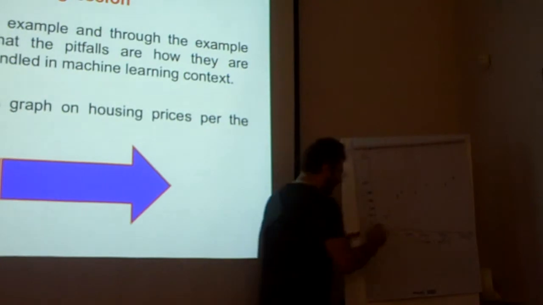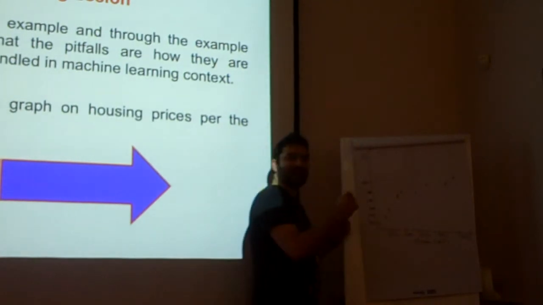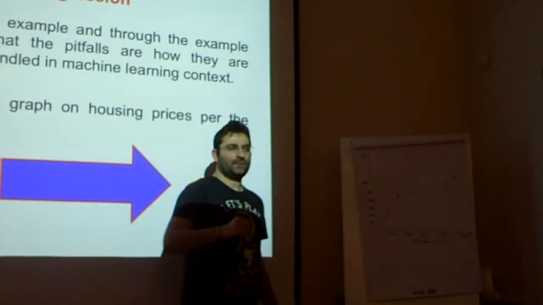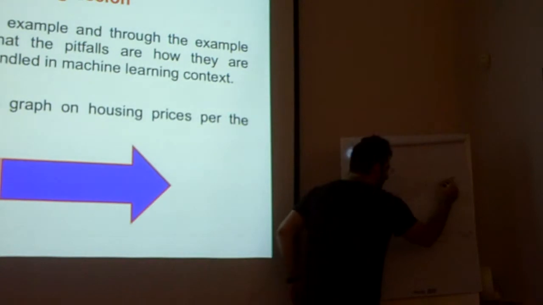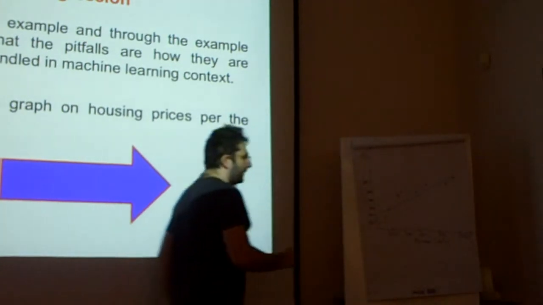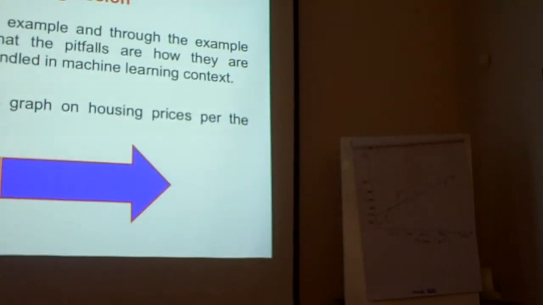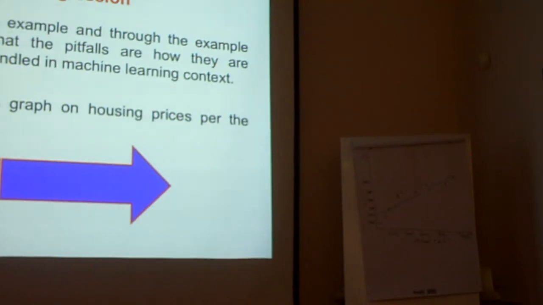Now, if I try to fit a linear function into this data, it would be maybe something like this. And if this is the best fit, what properties does it have? How can I consider that this is the best fit?